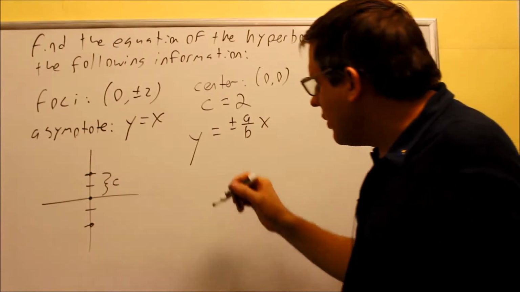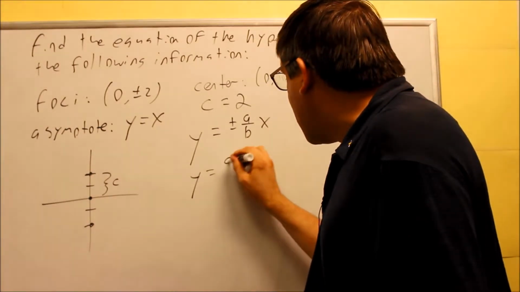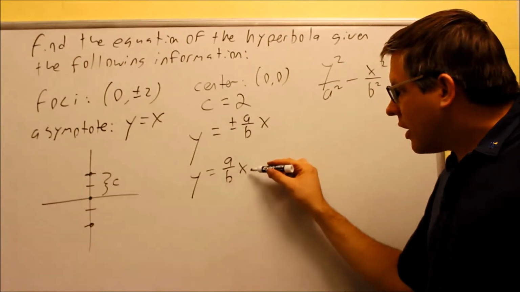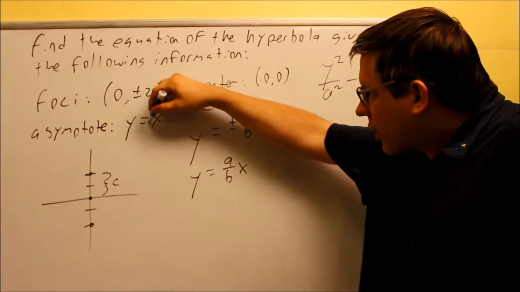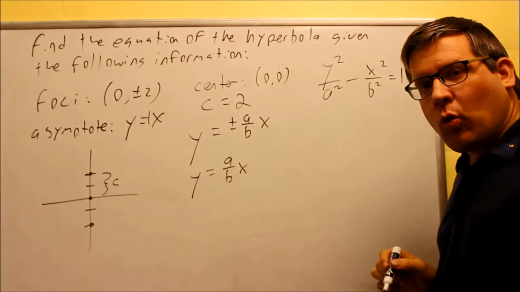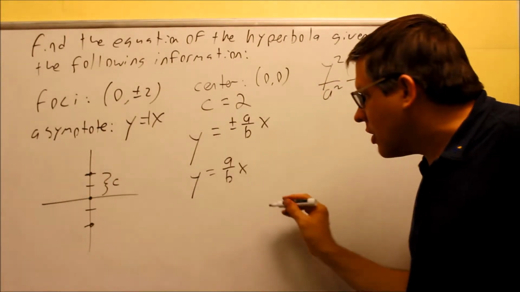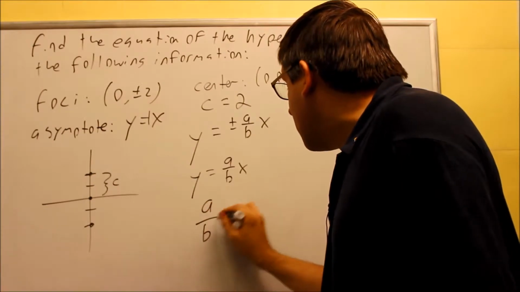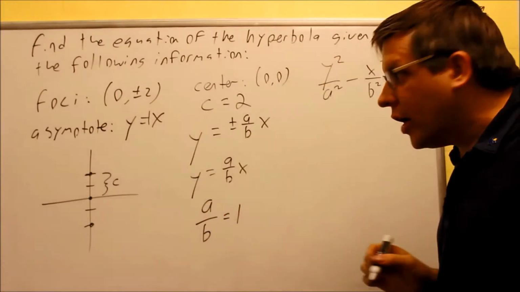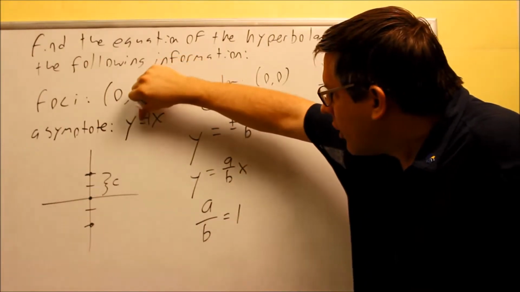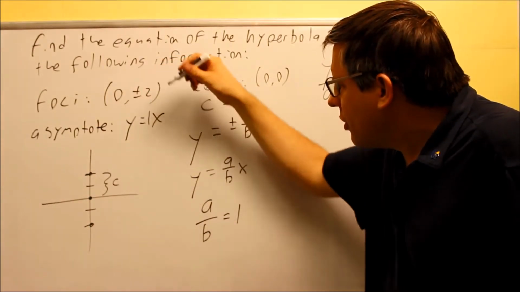I'm looking at just the positive version here, y equals a over b x. The number that comes in front of that x is going to be a 1 there. So I can say that a over b has to equal 1, because this slope has to match the slope in this particular formula.